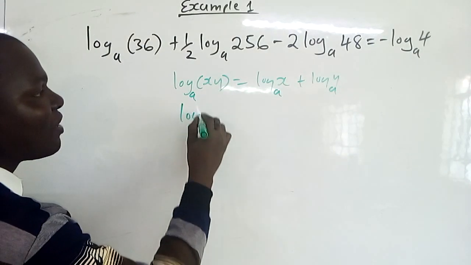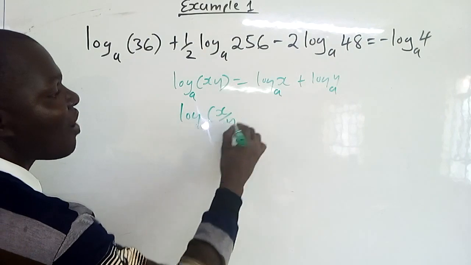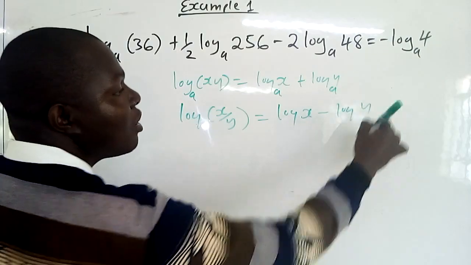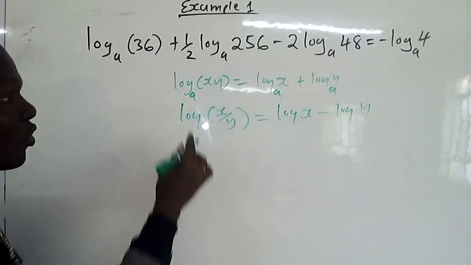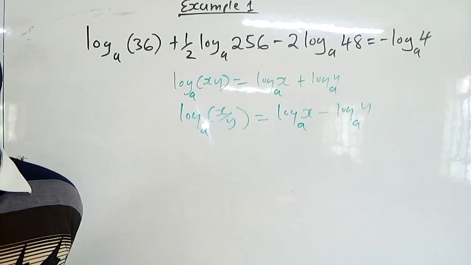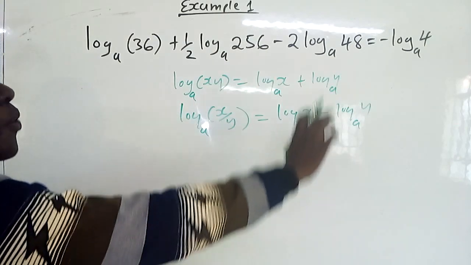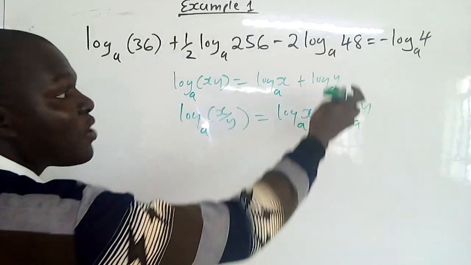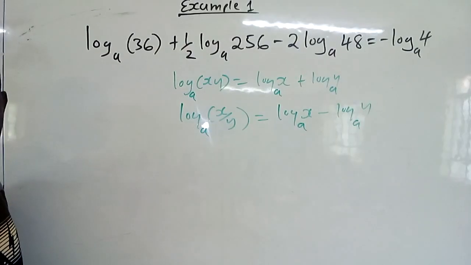And if you have log x over y, that is the same as log x minus log y. So anywhere you see subtraction, it goes back to division. Anywhere you see addition, it goes back to multiplication.